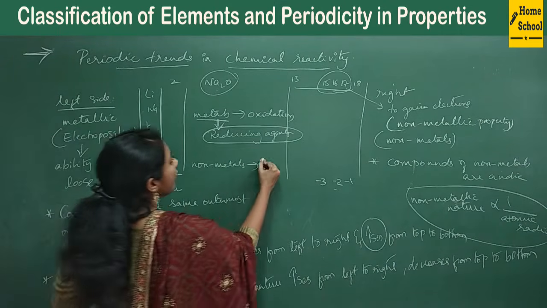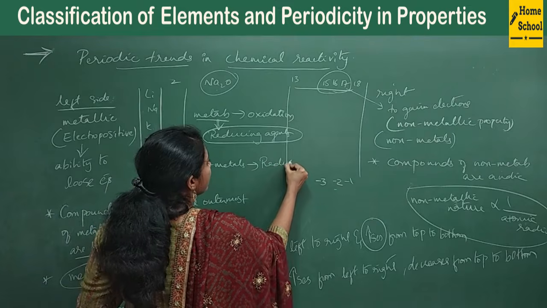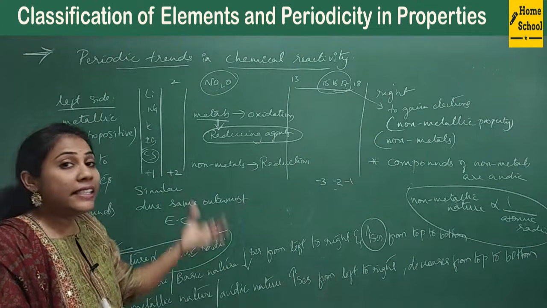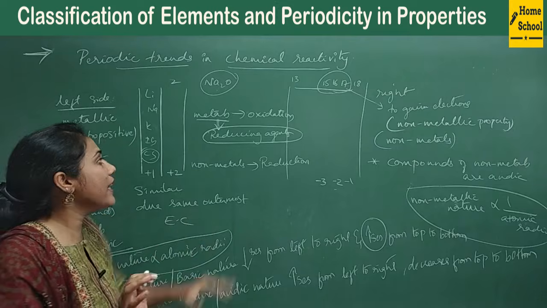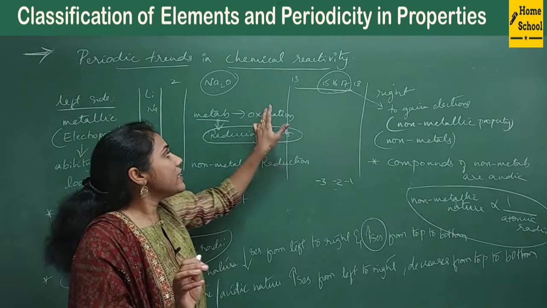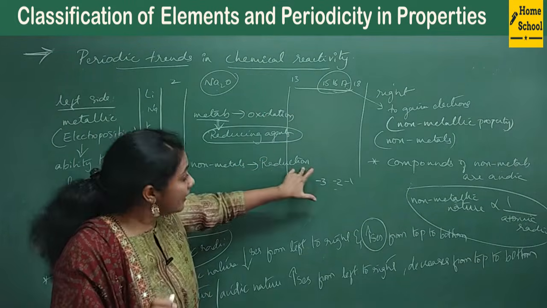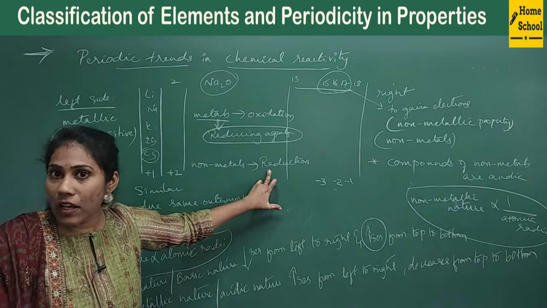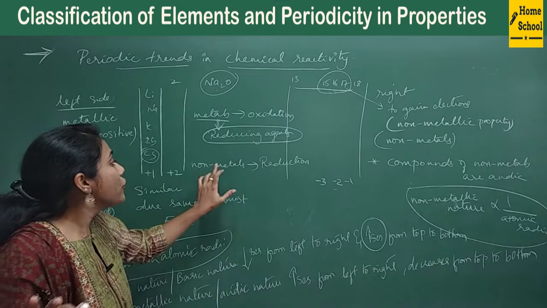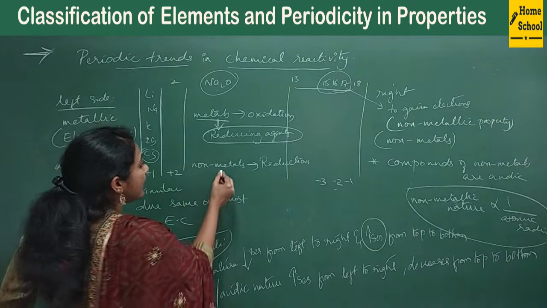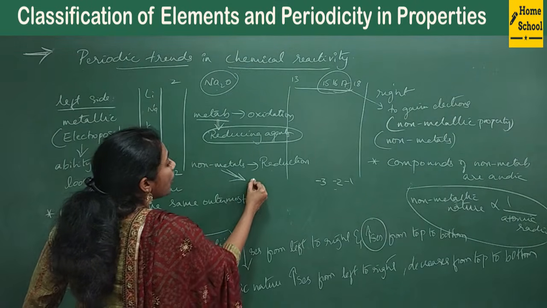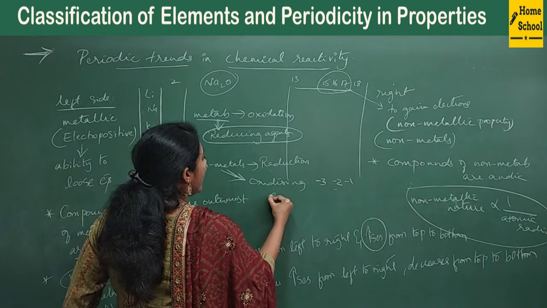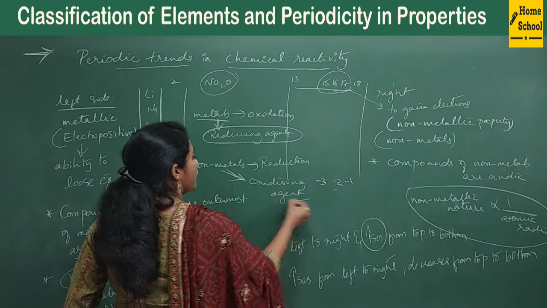Gain of electrons is called reduction. So oxidation and reduction have different meanings. In terms of electrons, loss of electrons is called oxidation, gain of electrons is called reduction. You will also study this in the redox reactions chapter. The one which is undergoing reduction is also called an oxidizing agent.